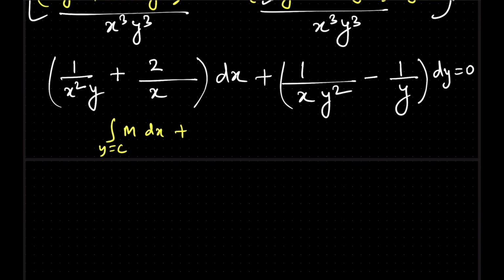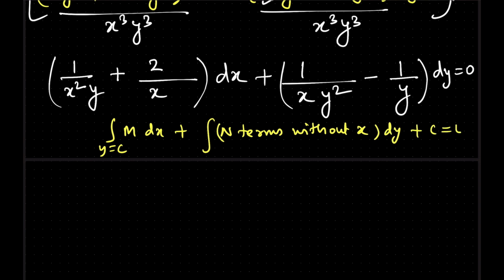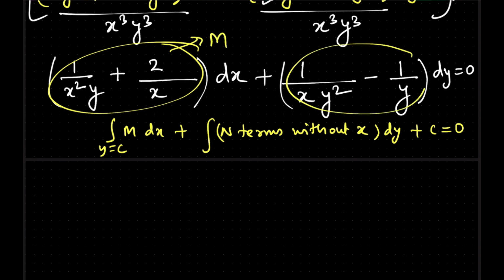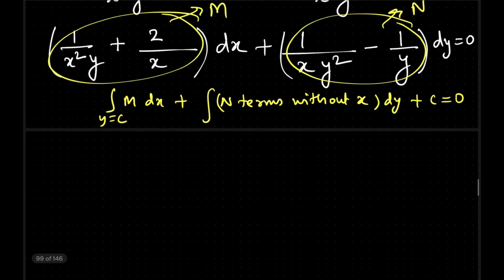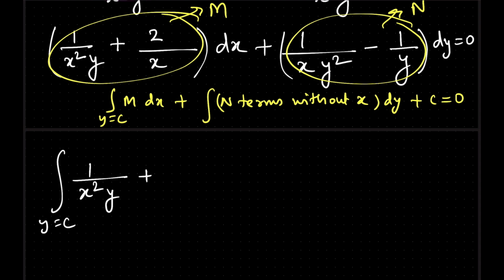So we had our formula as m dx plus n terms without x dy plus c equal to 0. So this is our m and this is our n. So let's substitute. So here y constant, m is 1 by x square y plus 2 by x dx.